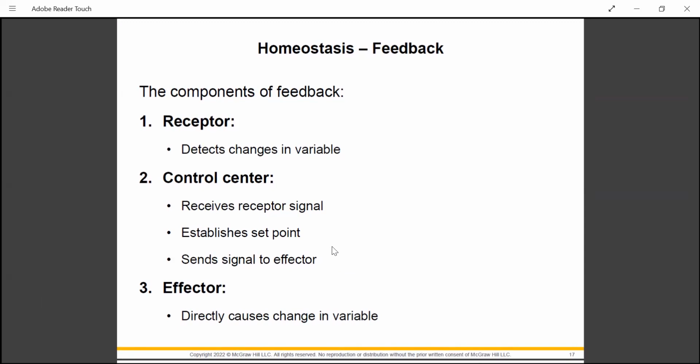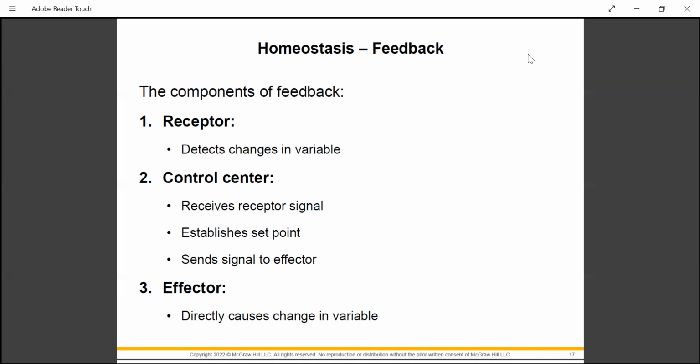In order to maintain homeostasis, our body needs feedback. And how it gets that is primarily through this pathway. We have receptors in various parts of the body. For our example of temperature, say we have a temperature receptor in our skin. That's our receptor. It's going to detect a change in our external and internal temperature.